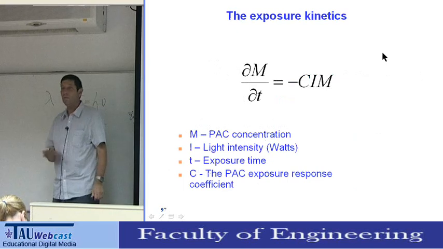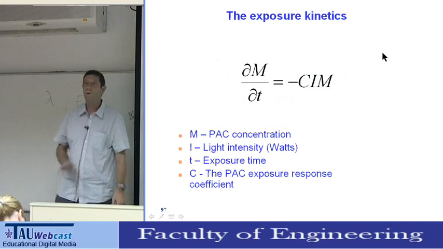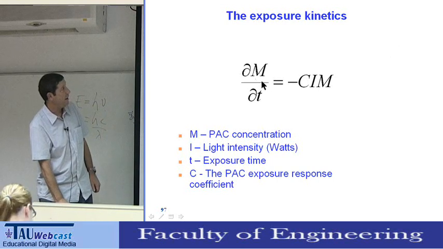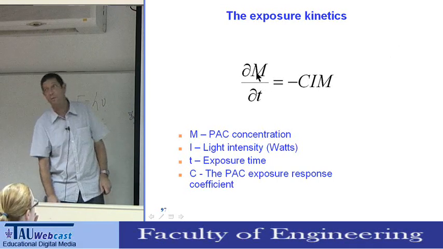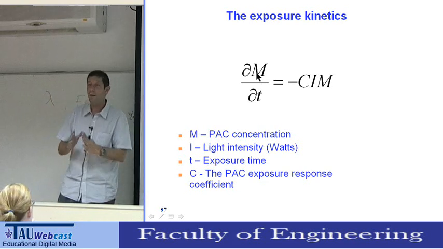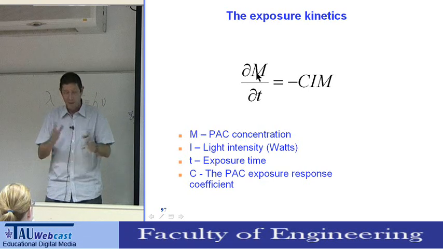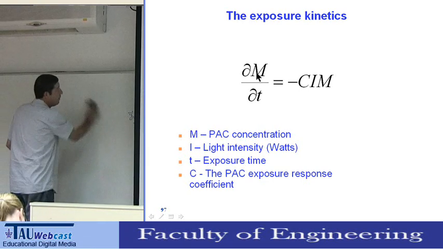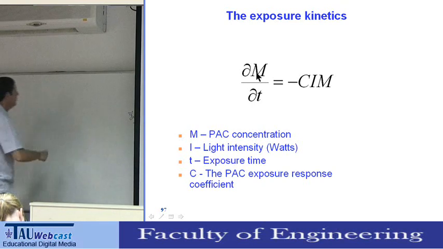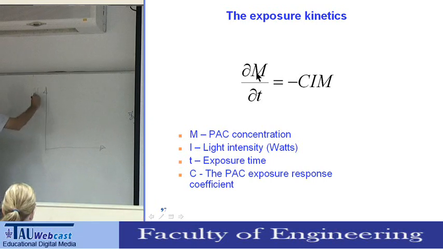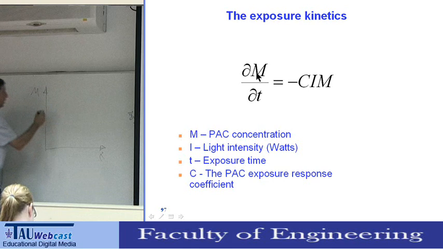I defined last week two rate equations. One rate equation is for the amount of M, the photoactive compound, normalized. Normalized means initially M equals 1.